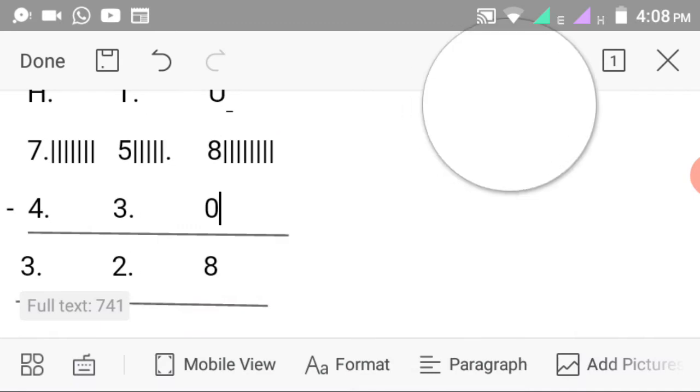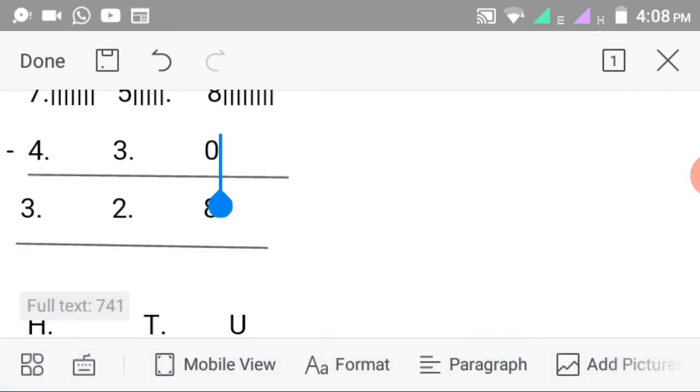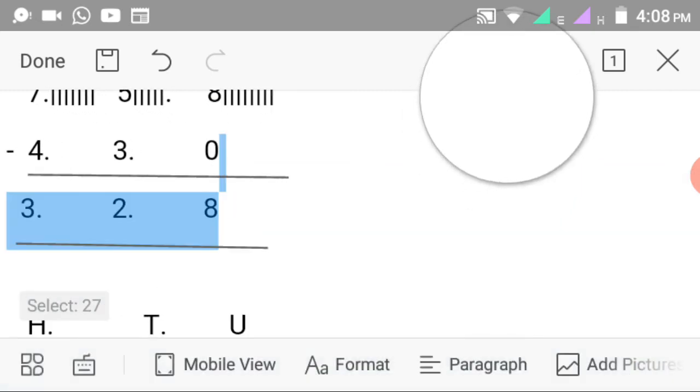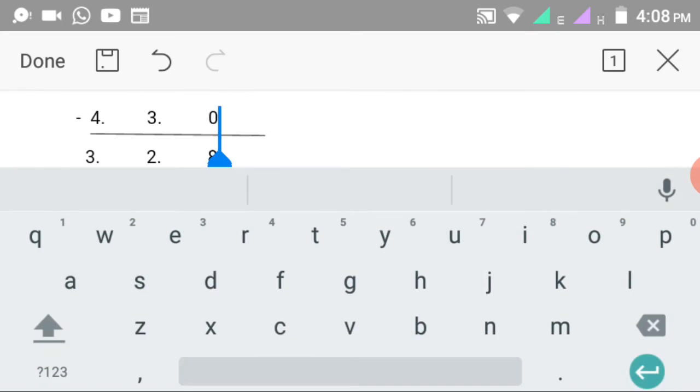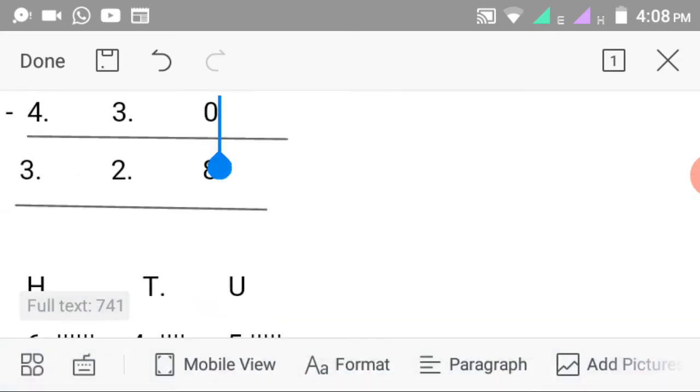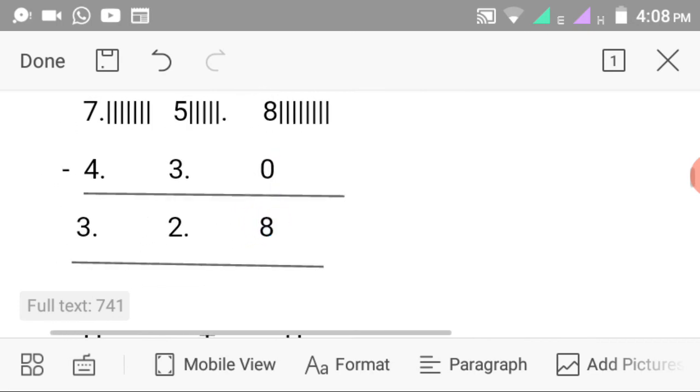Because 0 is nothing, I'm just going to write my answer to be 8, because I cannot count 0.